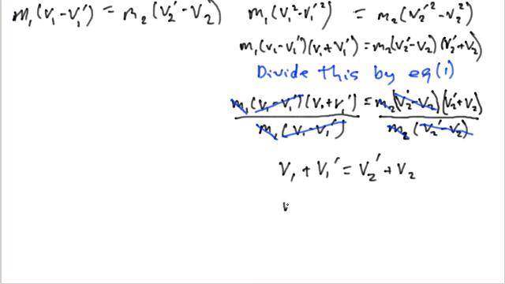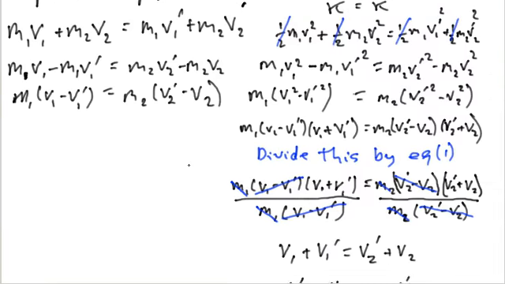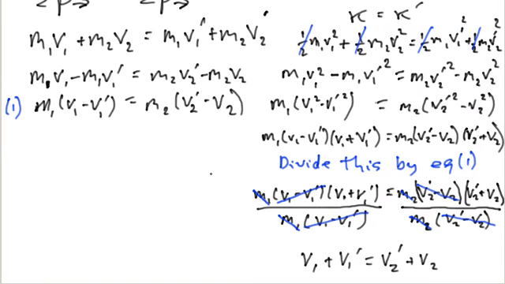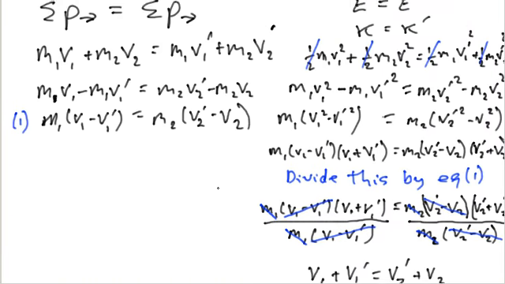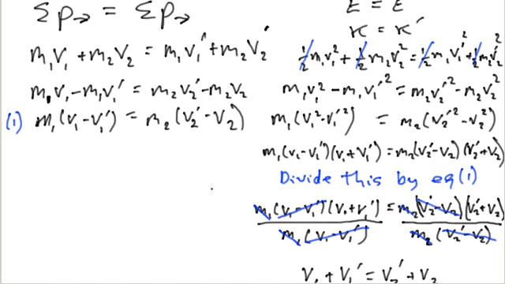So I think I'll solve this for v2 prime. v2 prime equals v1 minus v2 plus v1 prime. And then substitute that into, I guess I can substitute it into the momentum equation.